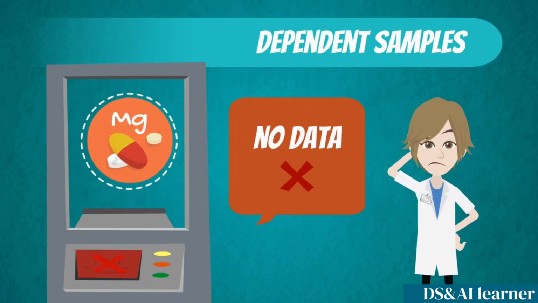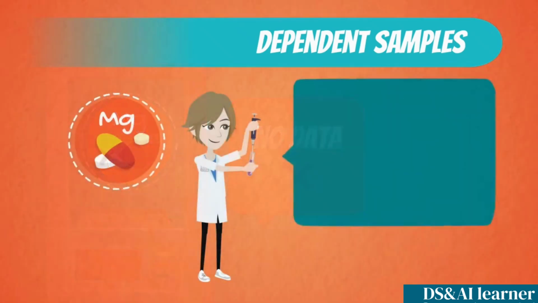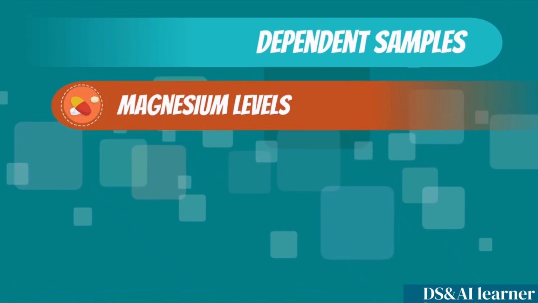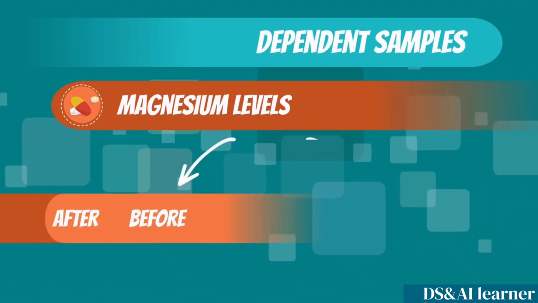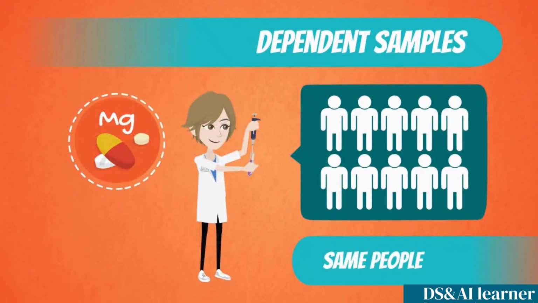After testing the drug in a laboratory, it is time to see its actual effect on people. What you would typically do is take a sample of 10 people and test their magnesium levels before and after taking the pill. The two dependent samples are the magnesium levels before and the magnesium levels after. It is clear that it is the same people we are testing, thus the samples are dependent.